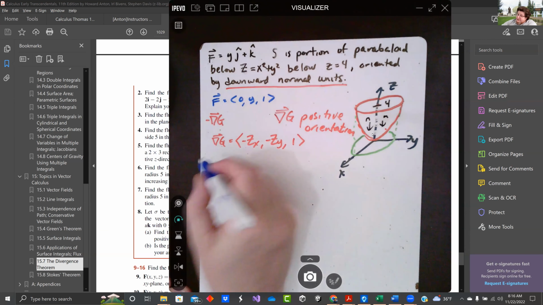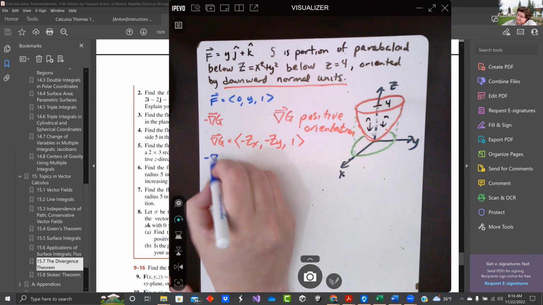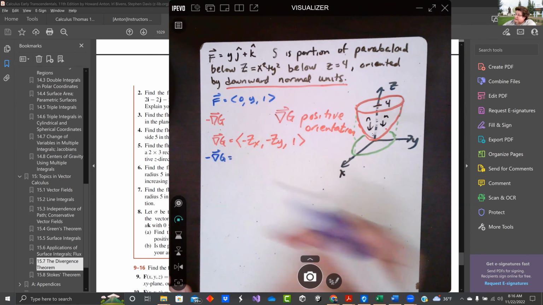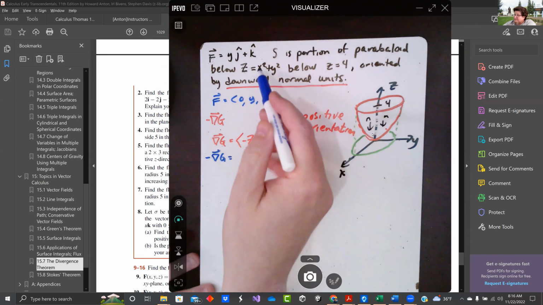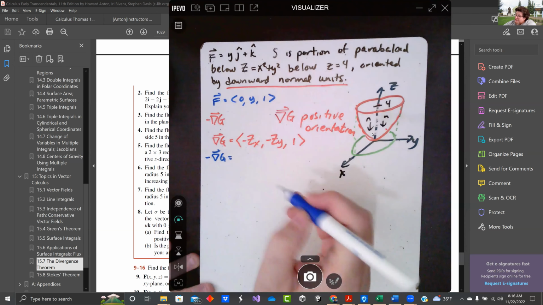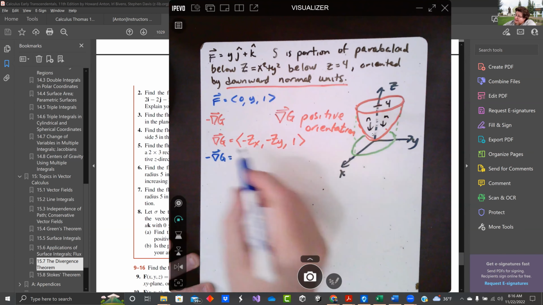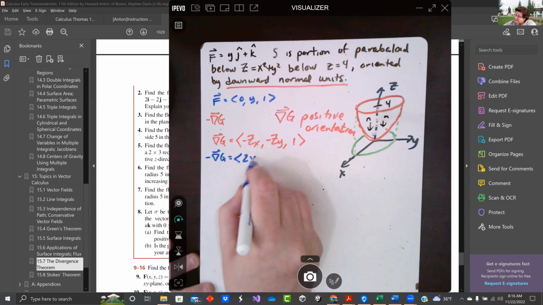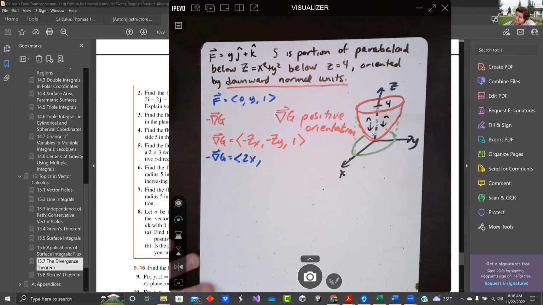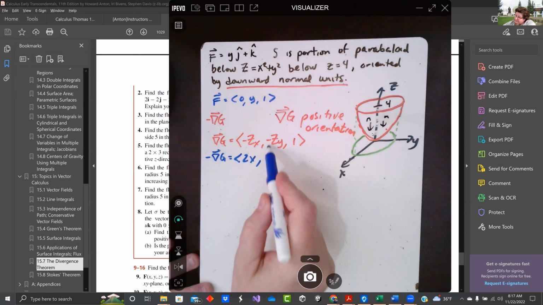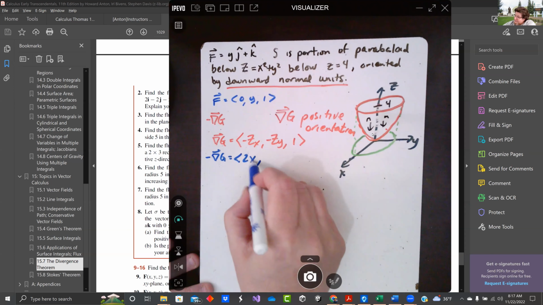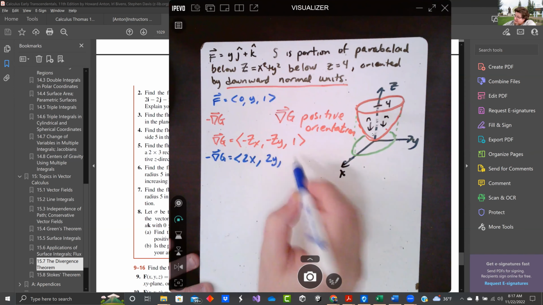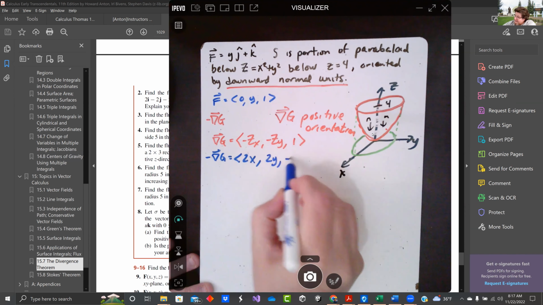So if we want negative grad G, the derivative of Z with respect to X is 2X. These two negatives cancel, so it's just 2X. The derivative of Z with respect to Y is 2Y, and the negative there and that negative cancel, making 2Y. And this one gets hit by the negative, so we have negative 1.